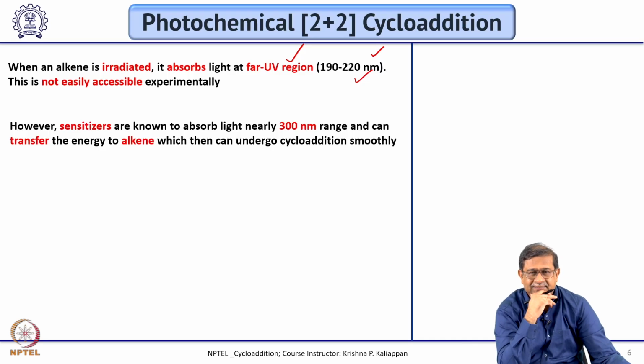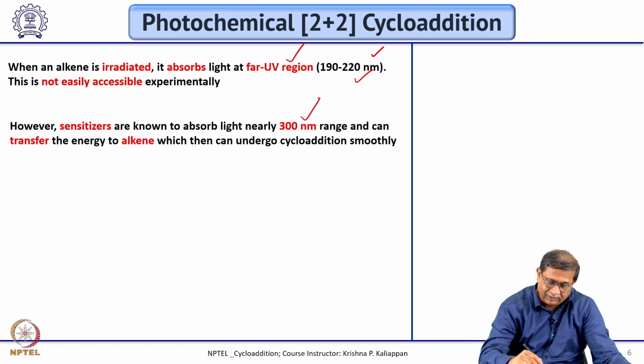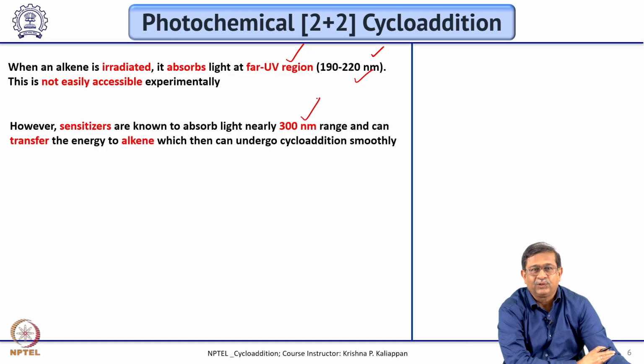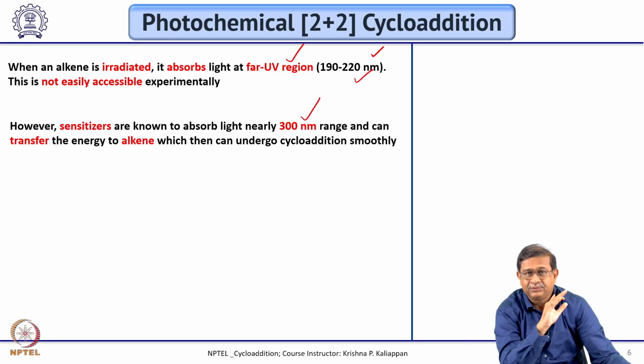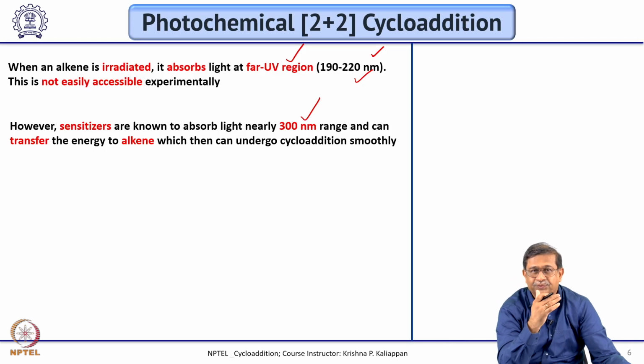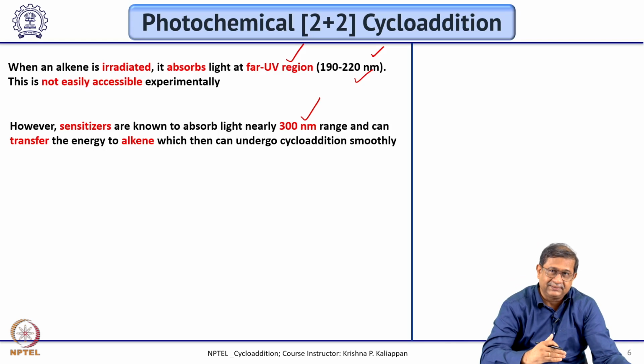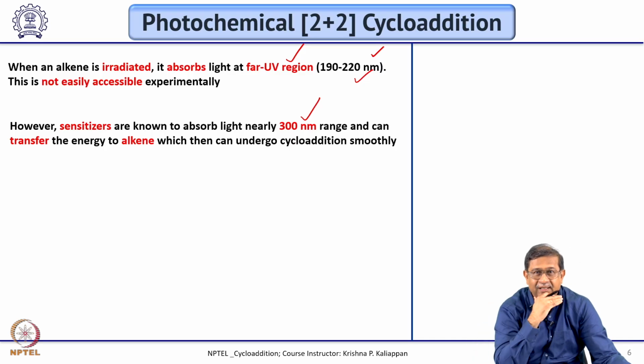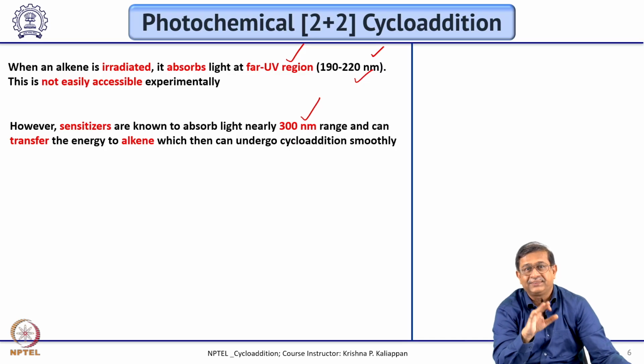These sensitizers absorb around 260 to 300 nanometer. First these sensitizers get excited, and from the excited state they transfer energy to the alkene, and then the alkene will be excited.